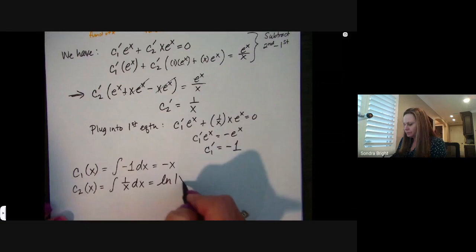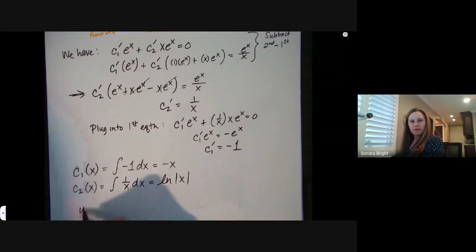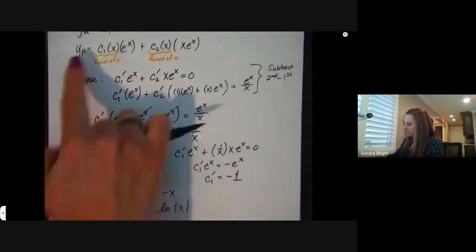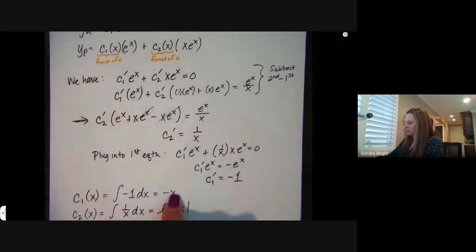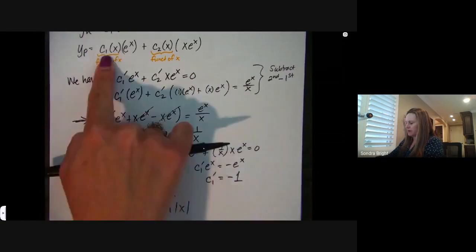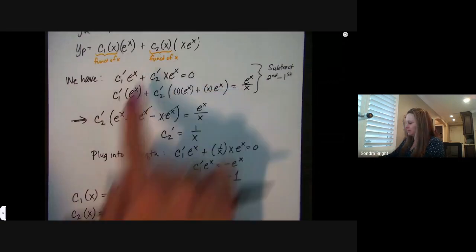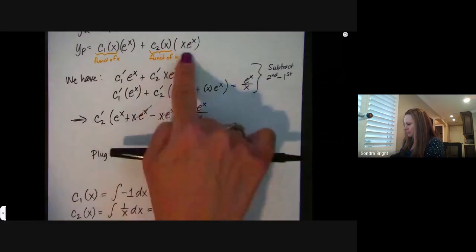So that means that my particular solution is, can I get it all on the same screen? Nope, but we're going to take the function that we just solved for, C1 of x. We're going to go negative x times e to the x, and then plus the function we just found for C2. C2 of x is the natural log of the absolute value of x. I'm going to plug that in, times x times e to the x, and that'll give me my particular.